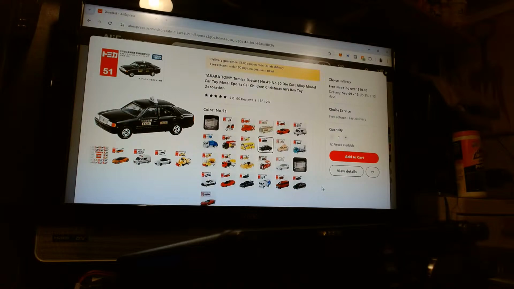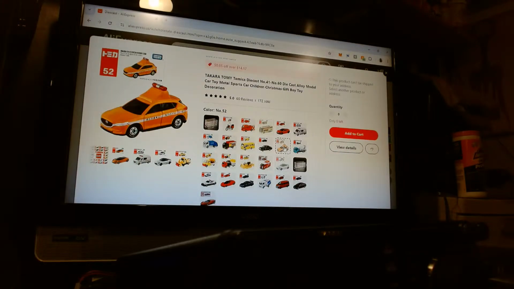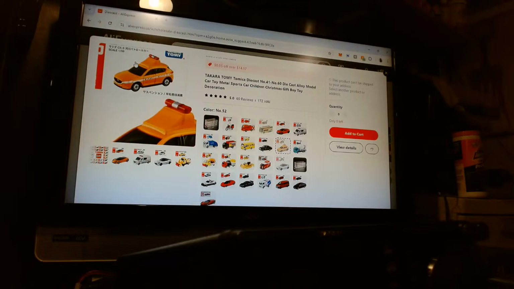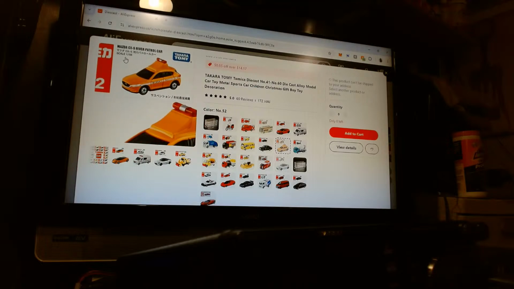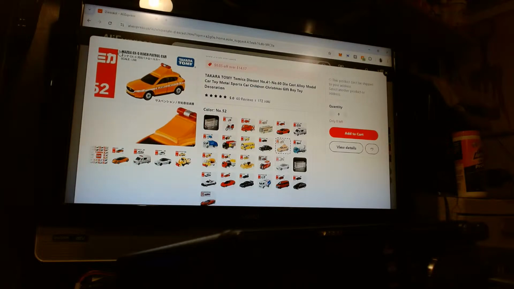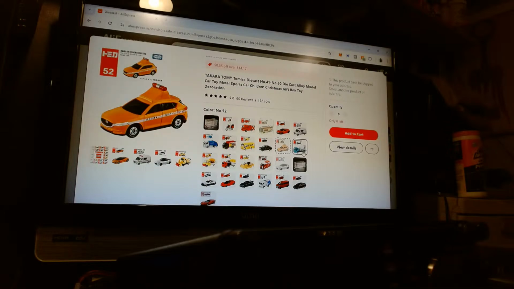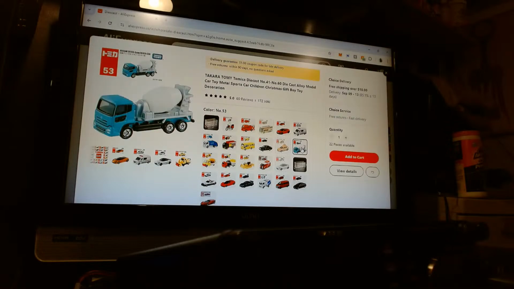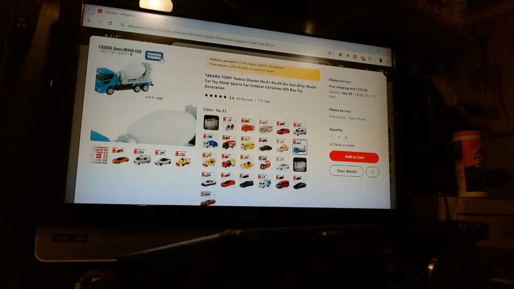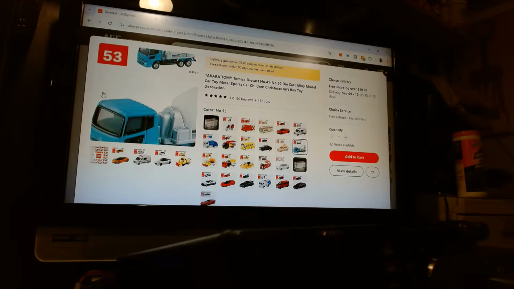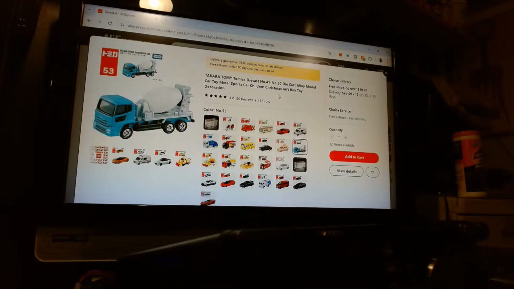there's actually more vehicles. Okay. There's another. What is this? Uh, River Patrol car, Mazda CX-5. And then you have this mixer car, Nissan mixer car.